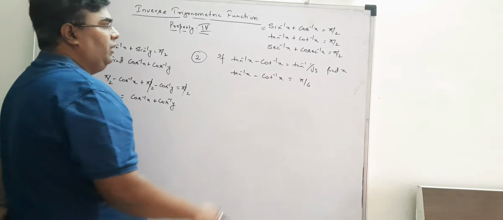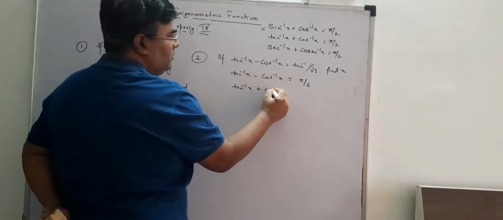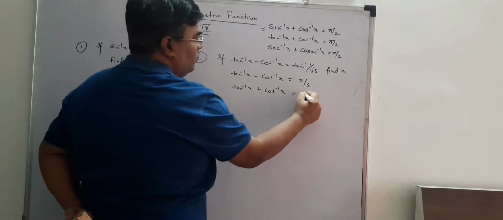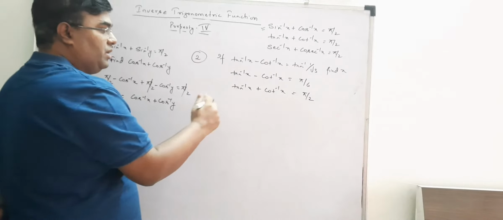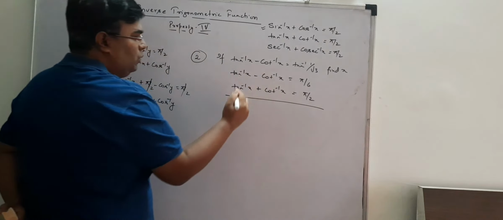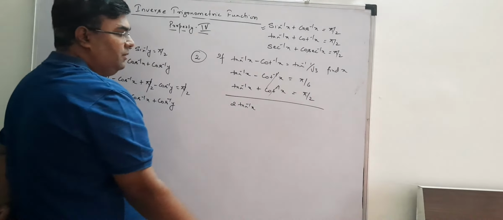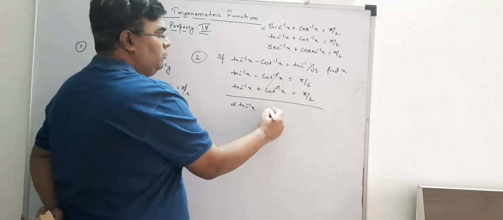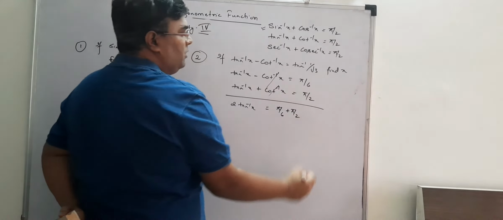Now we all know this relationship: tan inverse x plus cot inverse x is equal to what? Pi by 2. Adding these two equations, we will get 2 tan inverse x, this will get cancelled, is equal to pi by 6 plus pi by 2.